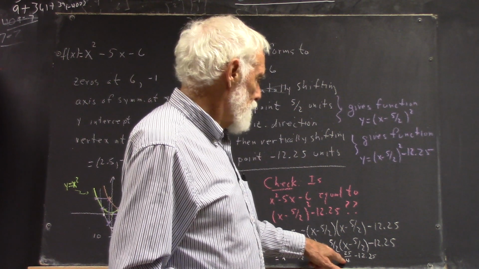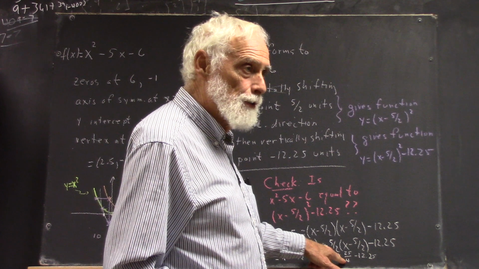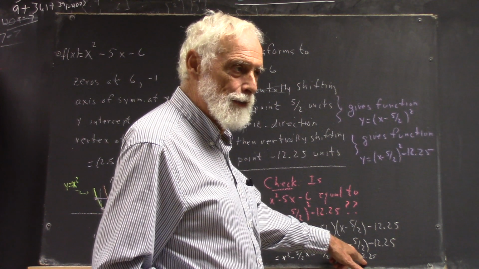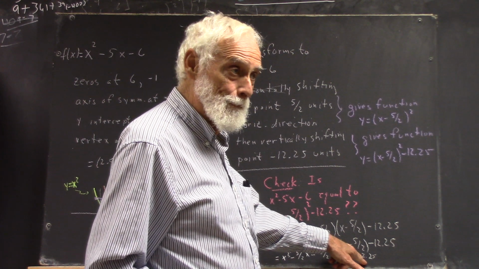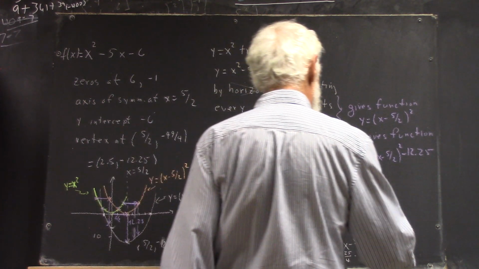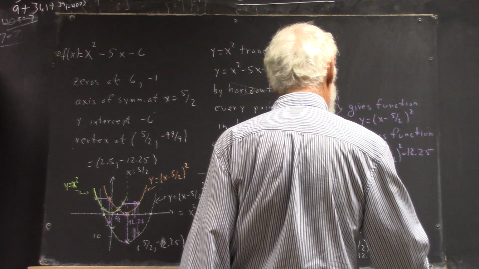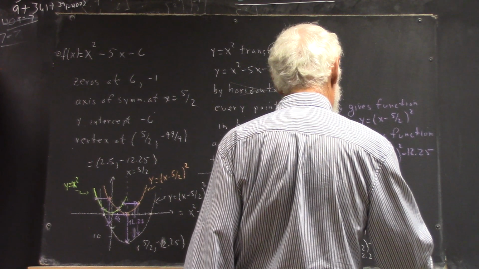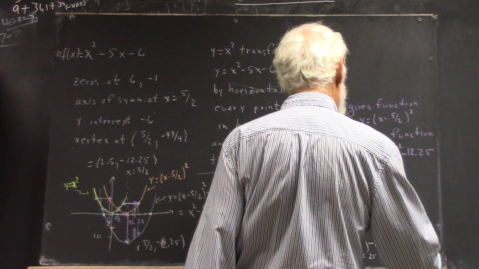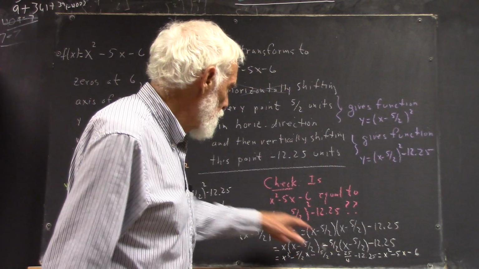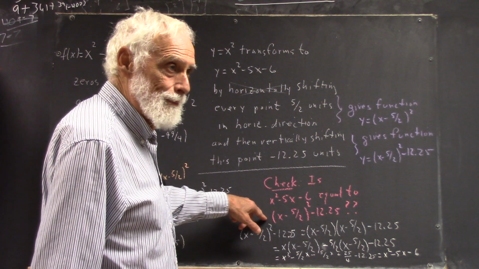Yeah, it's 6 1/4, right? 6.25, and 6.25 minus 12.25 is negative 6, right? So this equals x squared minus 5x minus 6. So we just showed that they're equal, okay?